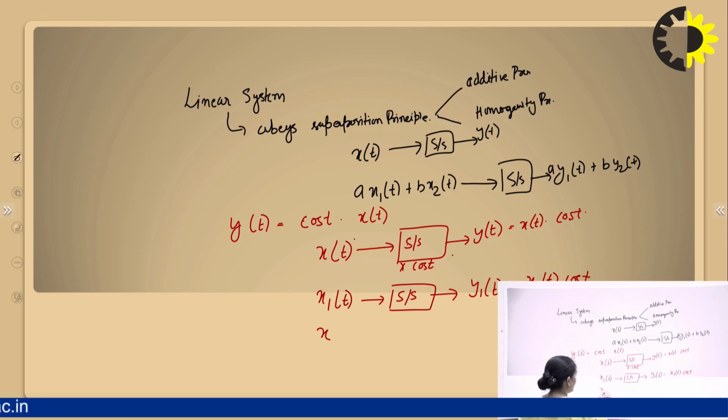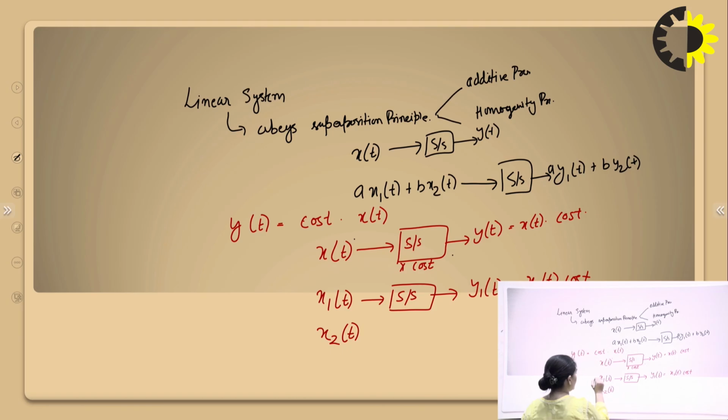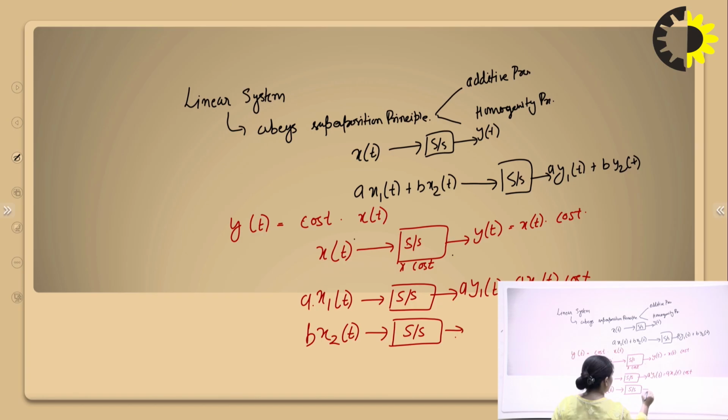Then we have x2(t); a into x1(t) gives a into y1(t), which is a into x1(t) into cos t. Then we have b into x2(t) given to our system, and we get b into y2(t), which is equal to b into x2(t) into cos t.